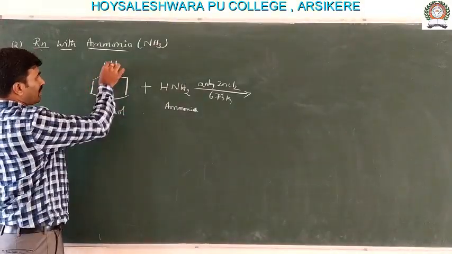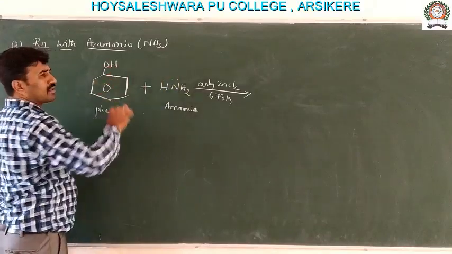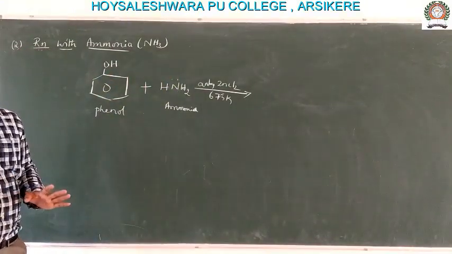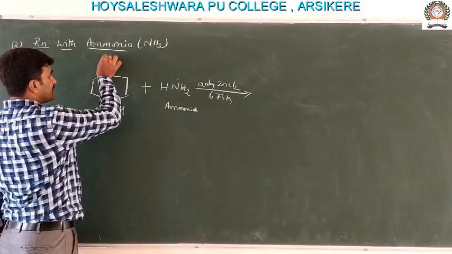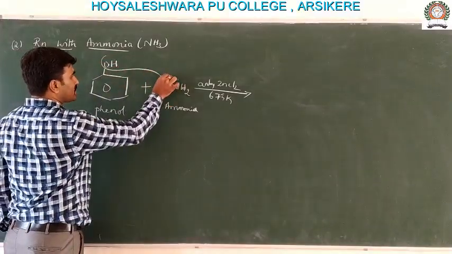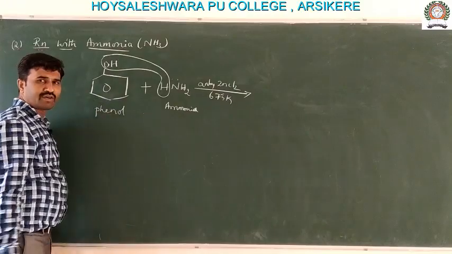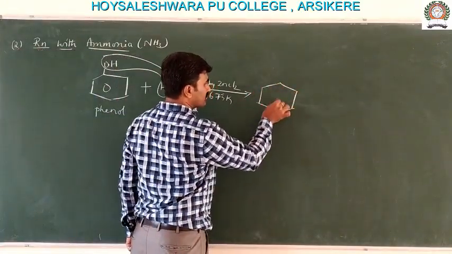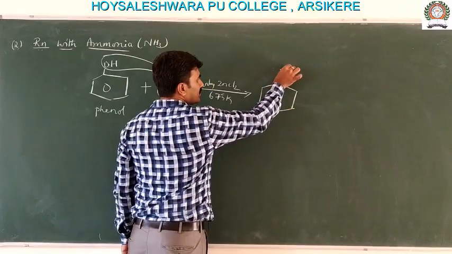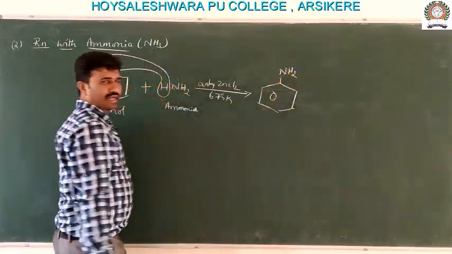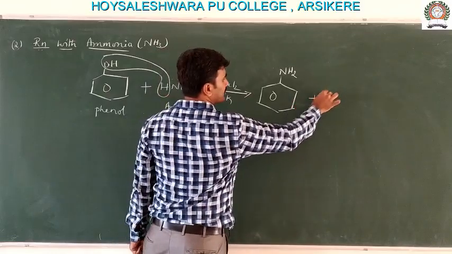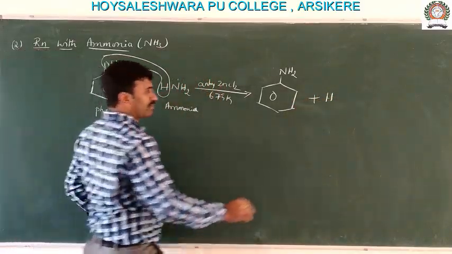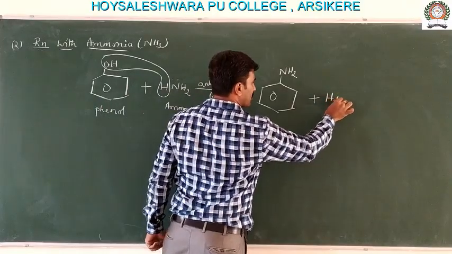See, what we know is that ammonia is a neutral nucleophile. So, there is a substitution of NH2 group in the place of hydroxyl group to form what? See, NH2, plus hydrogen and OH combines to form what? H2O.